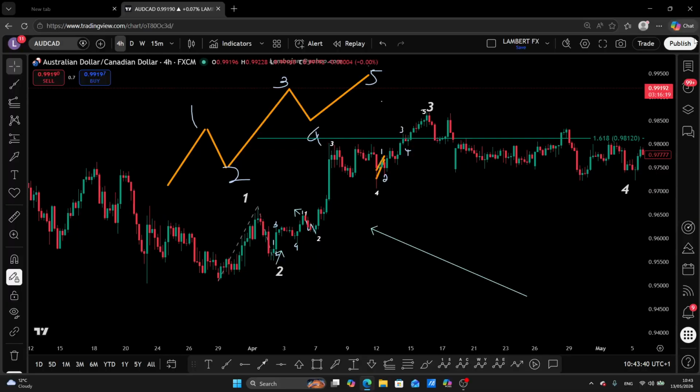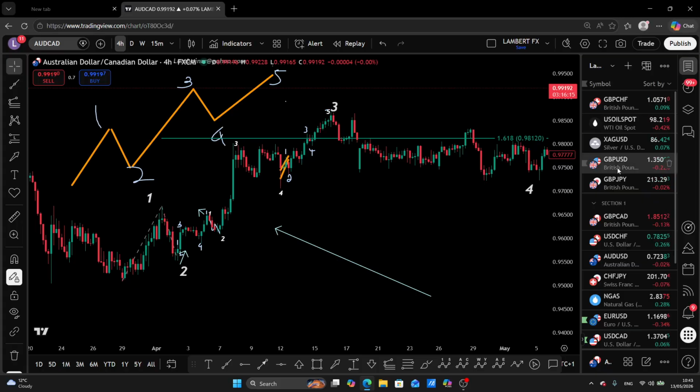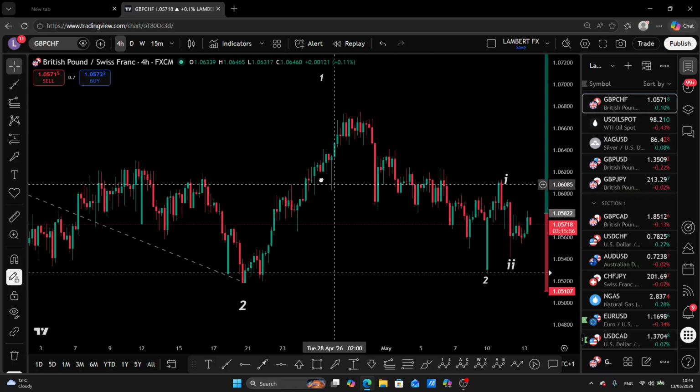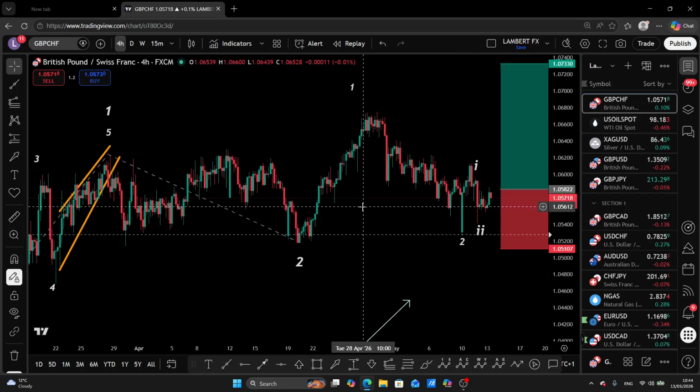So I'll just give you a quick cheat sheet on a trade. I don't know which one to show you, so I'll show you the GBP CHF trade. Okay, so this is the GBP CHF trade.